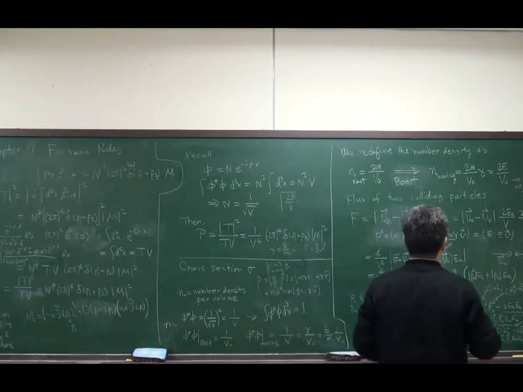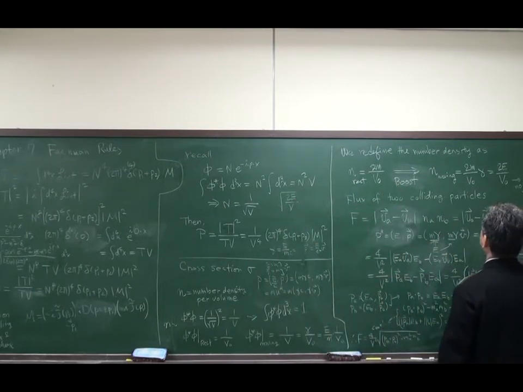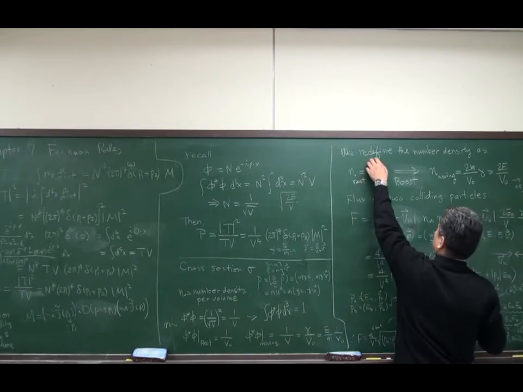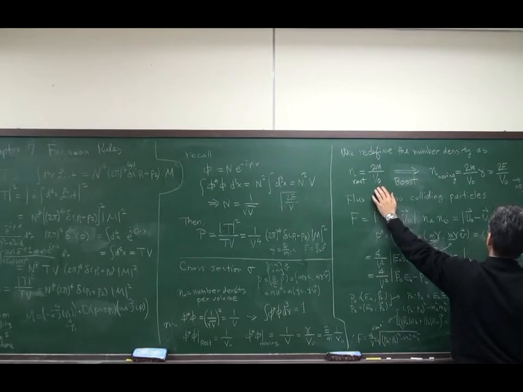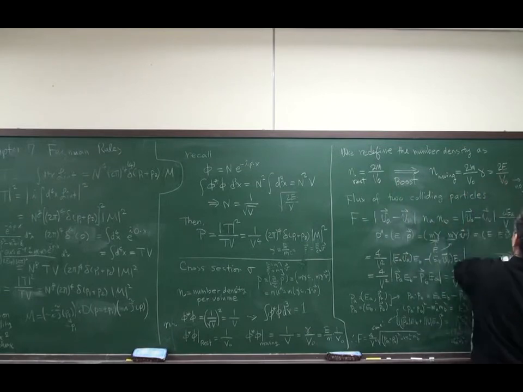And if it is moving, then what happens? This was invariant, and it is replaced by gamma V0. Volume has been changed, and then it becomes like that.